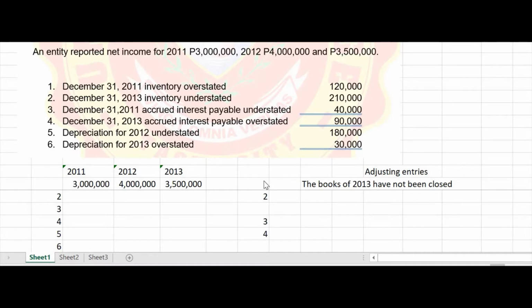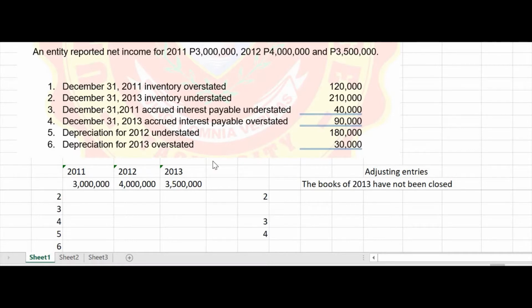And for this video, we shall be having illustrations in determining how to determine the adjusted net income and prepare correcting entries in relation to the errors. Okay, so here we have net income for 2011 unadjusted for 3 million, 2012 4 million, and 3.5 million for 2013.